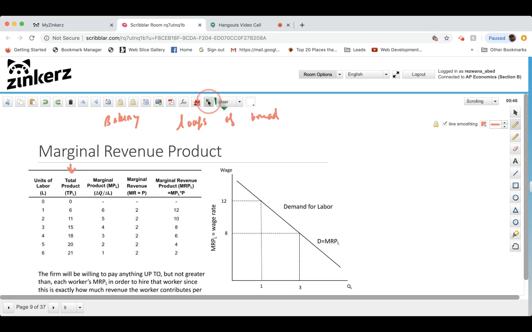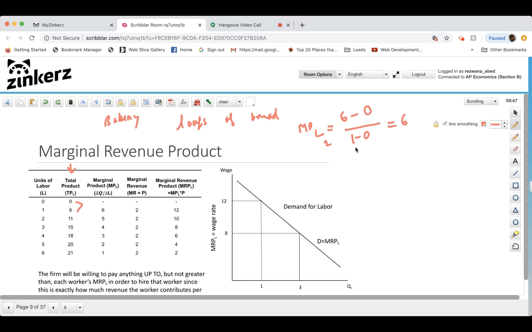For the first worker, we take the total product for the first worker and subtract the total product if there were 0 workers, so that's 0, and then the change in labor, which is 1 minus 0. So that's for the first worker. So it's 6.